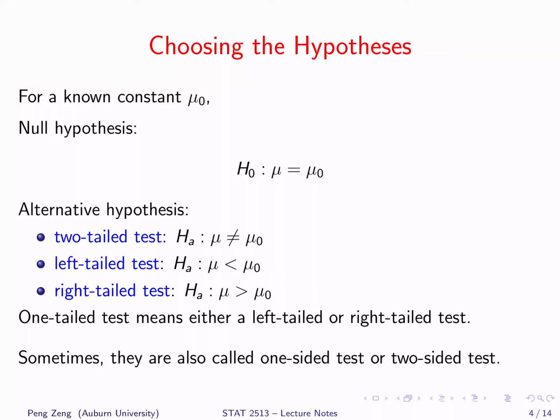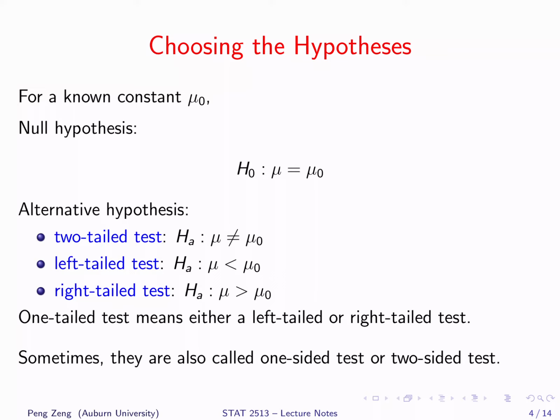Right now, suppose that we are interested in the parameter mean, denoted by mu. Let mu0 be a known constant. The null hypothesis is usually mu equals mu0. For example, in the example of pretzels, we are interested in the mean weight of bags of pretzels.